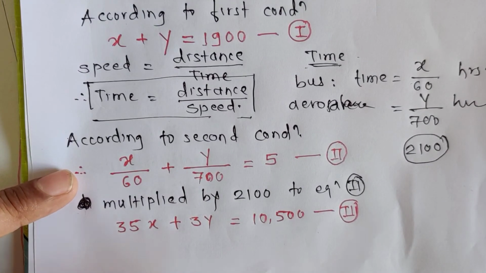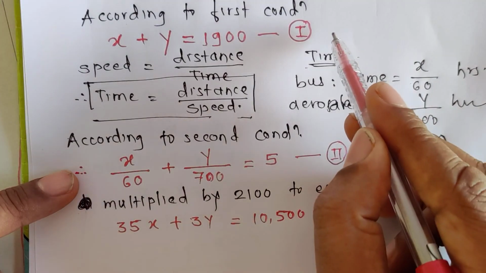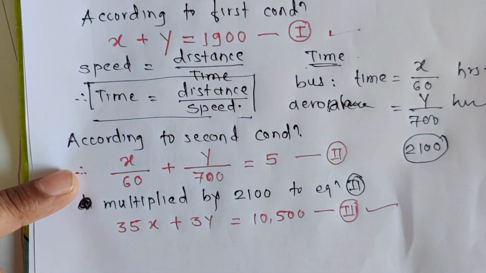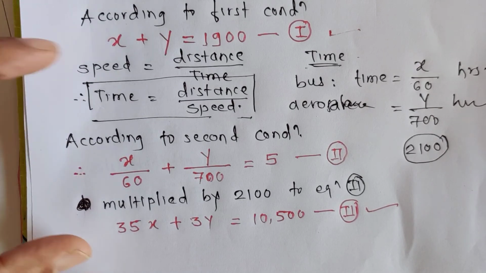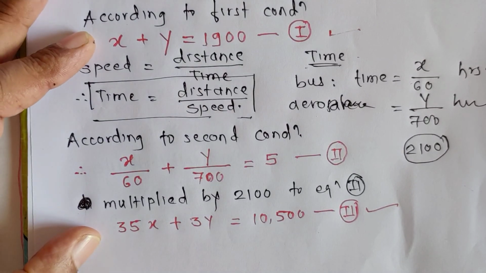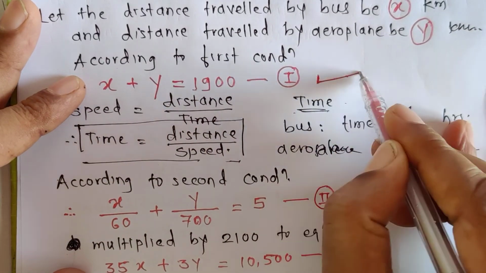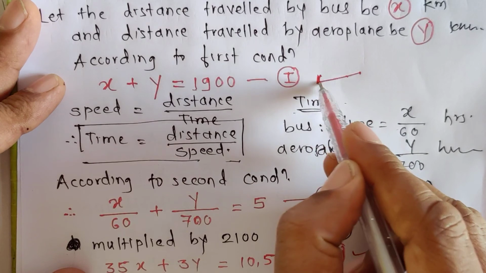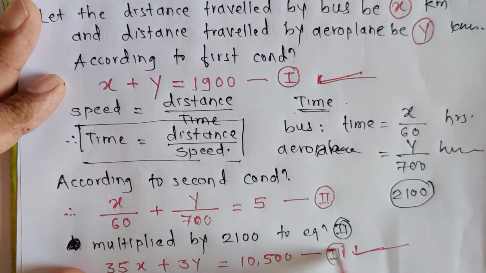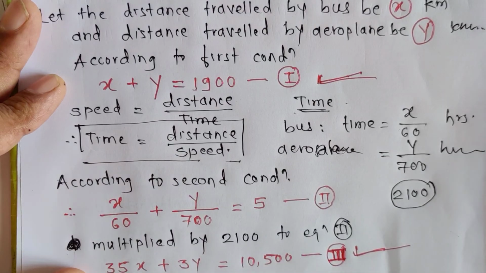Now we get equation 3 and this is our equation 1. So if we multiply equation 1 by 3, why multiply? Either use the substitution method or use the elimination method. So here it is equation number 1. Now we have to solve these two, equation number 1 and equation number 3. Observe the coefficient of x.